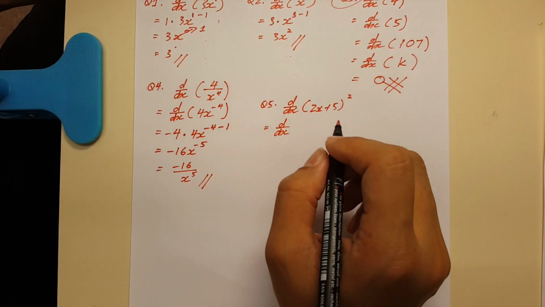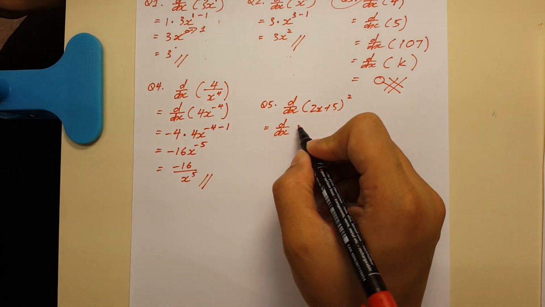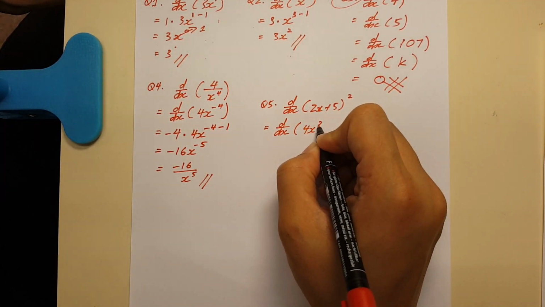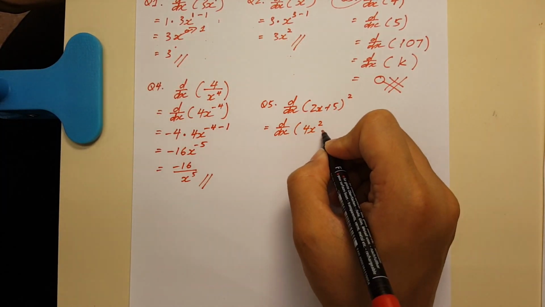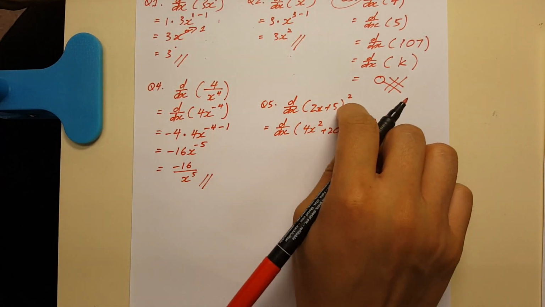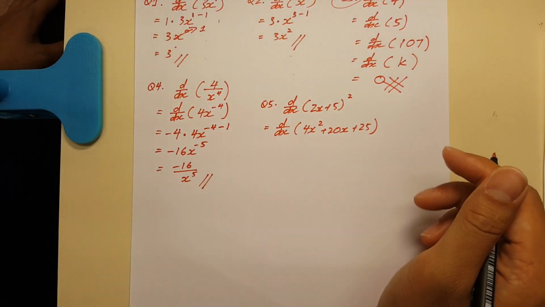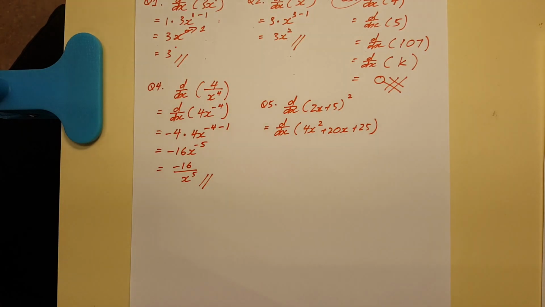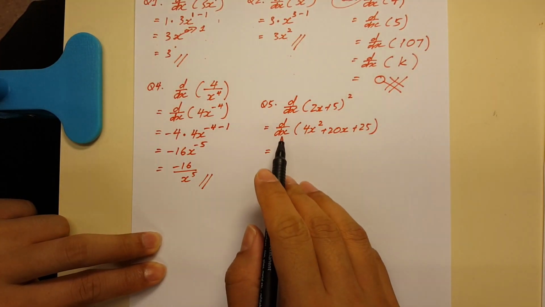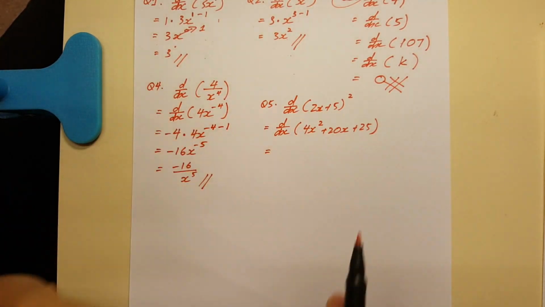Just the first two is sufficient. What we do is that we're going to expand this, so it's going to be 4x squared plus 20x plus 25. Just going to expand it based on the a plus b bracket square. I hope you guys remember the algebraic expansion. So this one is just differentiation of the individual terms.